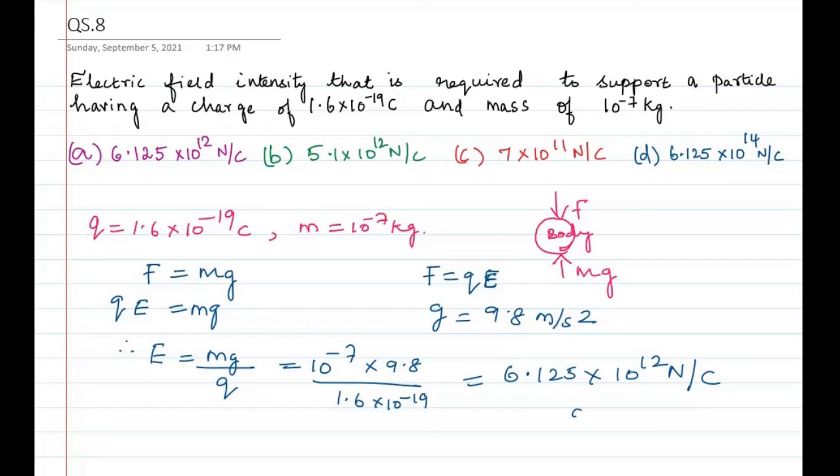So option A is the answer. Just to support the body, the electric force will be equal to the gravity, and we know force is equal to Q into E. You make use of this formula and equate it, then you can find the electric field intensity. Are you clear with this concept?